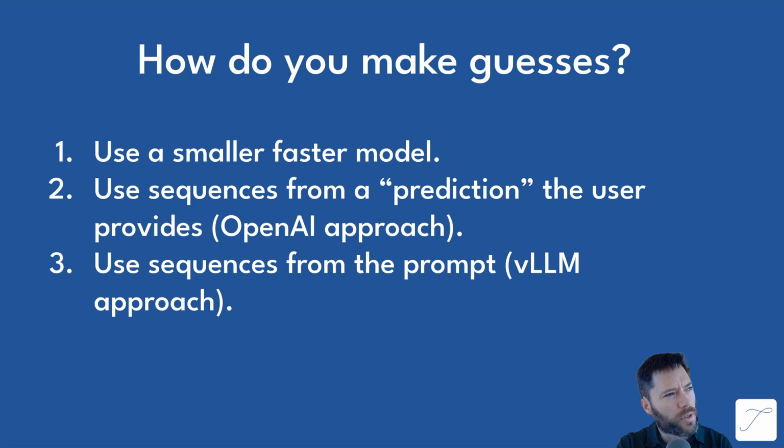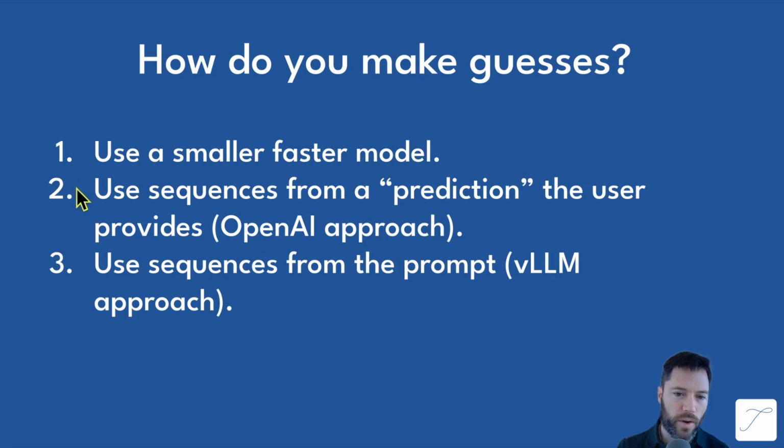So often when we want to correct some code, much of the code we're going to generate is actually already in the prompt. And so just by using the prompt, we can make some predictions. And that's how the vLLM approach works. This is called n-gram speculation, n-gram because it takes n series of words and uses those to make a prediction. And I'll explain how that works in a second.